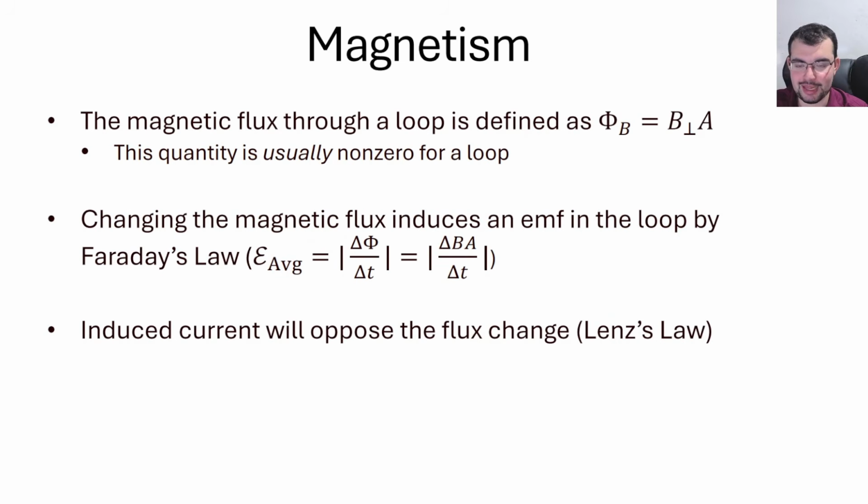Now, motional EMF is also a consequence of Faraday's law, which says that if the magnetic flux piercing a loop changes, that induces a voltage or an EMF. So the rate at which the magnetic field times the area of the loop changes with respect to time gives you the induced EMF.